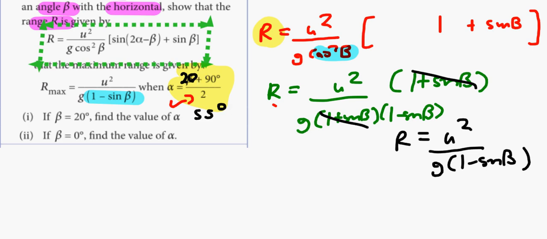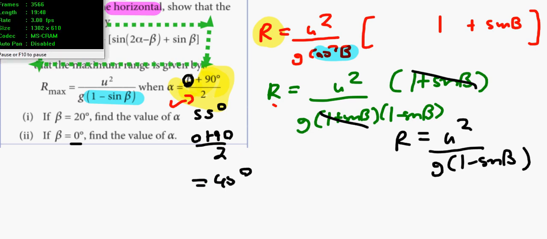And if beta equals 0, where it's a flat plane. If beta equals 0, it means there's no plane, which means you're effectively throwing on flat ground. And when you throw on flat ground, it's always a 45-degree angle that gives you the greatest range. So when b equals 0, it's going to be 0 plus 90 over 2 equals 45 degrees. Alright, done. That took 20 minutes.